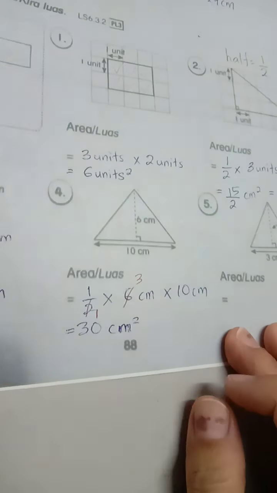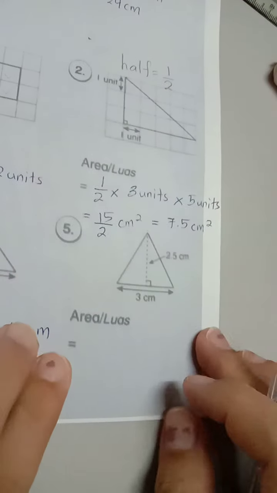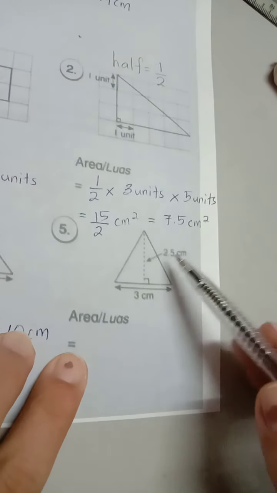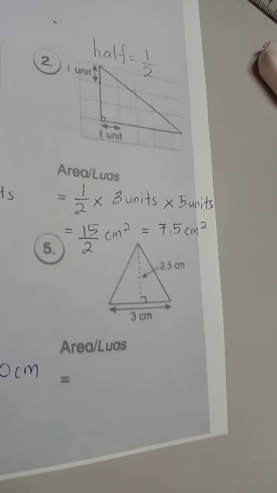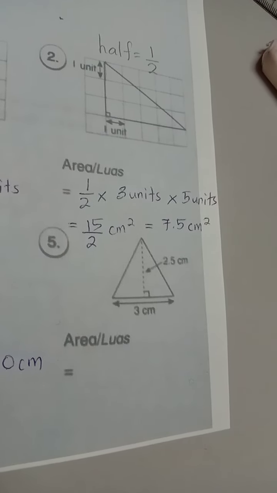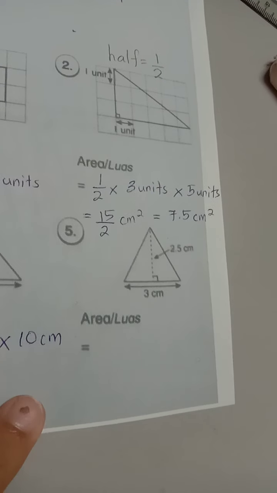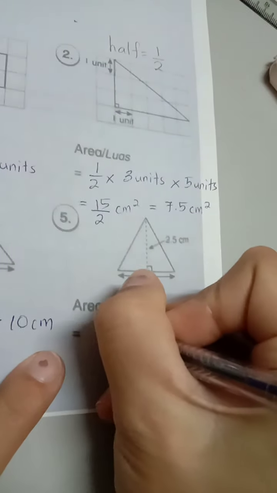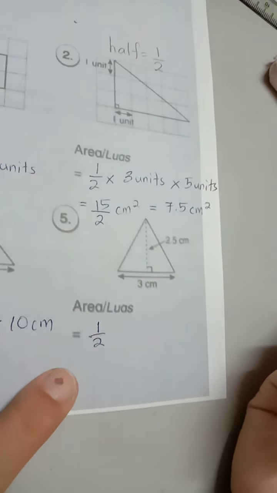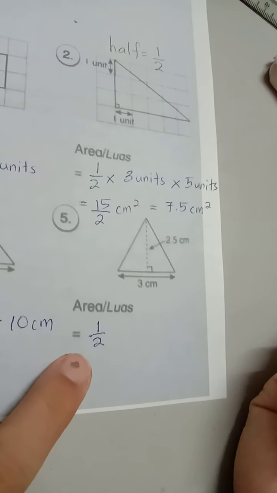Okay. Another triangle here. If you can see it, that is 2.5 centimeter. So again, triangle, we need to use a fraction of 1/2 because triangle is half of rectangle or square.